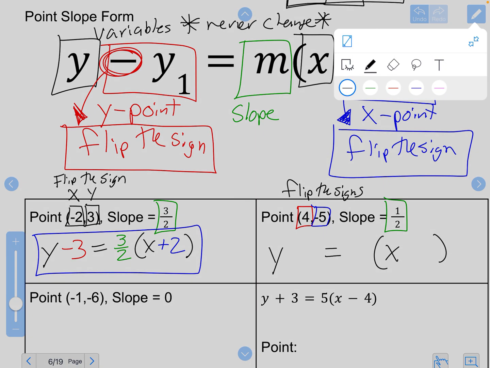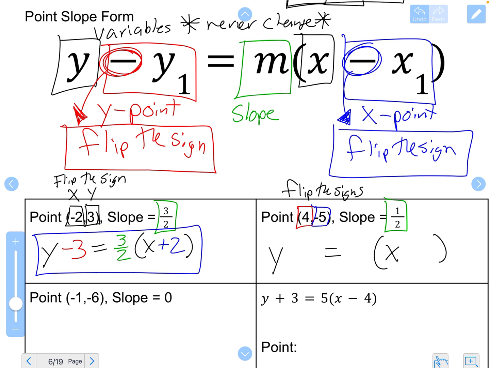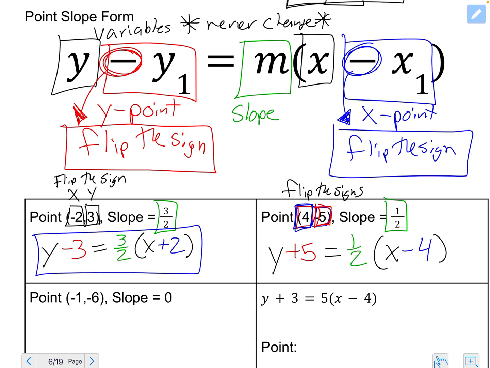It's a lot easier for me to write all that stuff out first. So I need to flip this. Oh, my y is supposed to be red. So I need to flip the sign of the negative 5 so it becomes positive. Then I need to put my slope, which is 1/2. And then I need to flip the sign of my x because it is a positive. We're going to make it a negative.